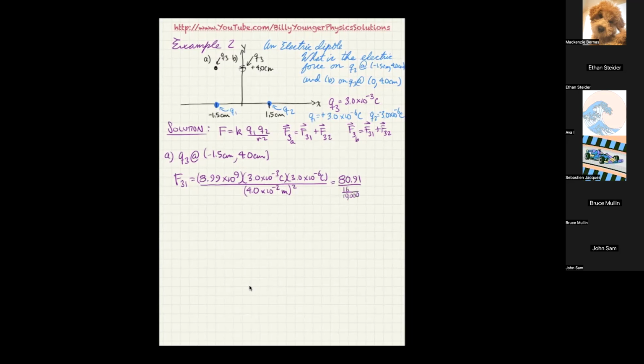Okay, so that's really what the numbers work out to be. When I actually divide that, though, I get 5.057 times 10 to the 5th newtons. And that is, of course, 2 extra digits than the sig figs allow.